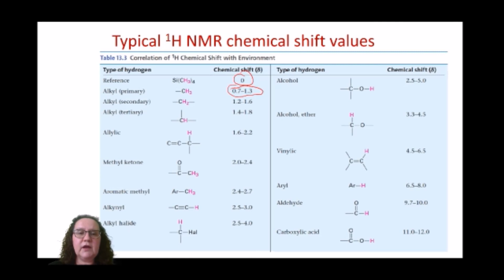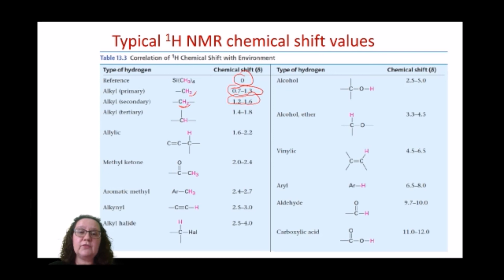And if you compare that with an alkyl but not a terminal alkyl group, a secondary alkyl group, an alkyl group that is in between 2 carbons, you see that the chemical shift is different because those hydrogens are in different environments.